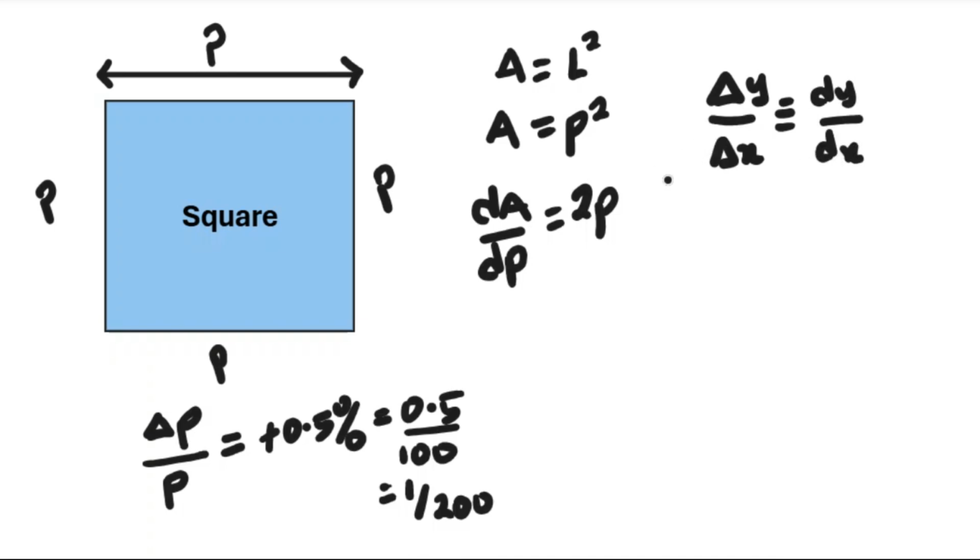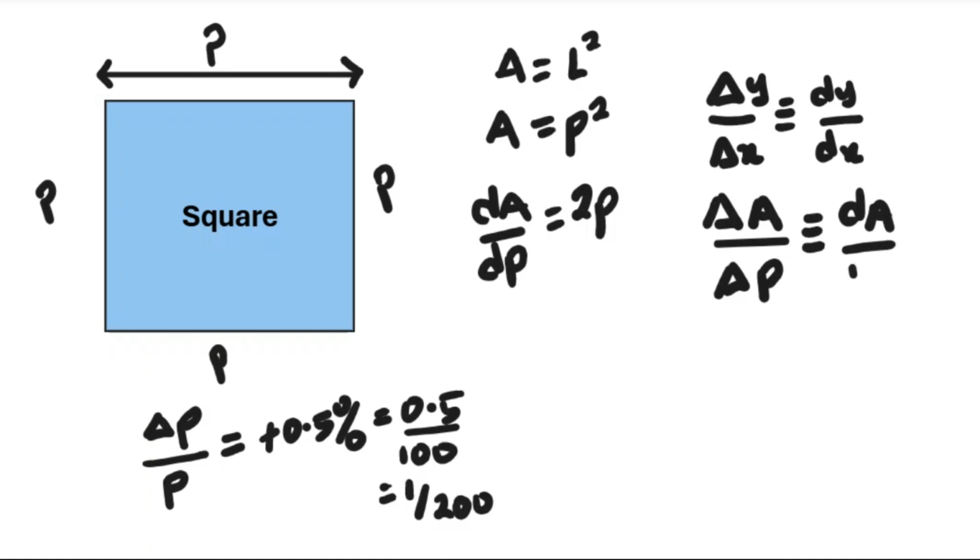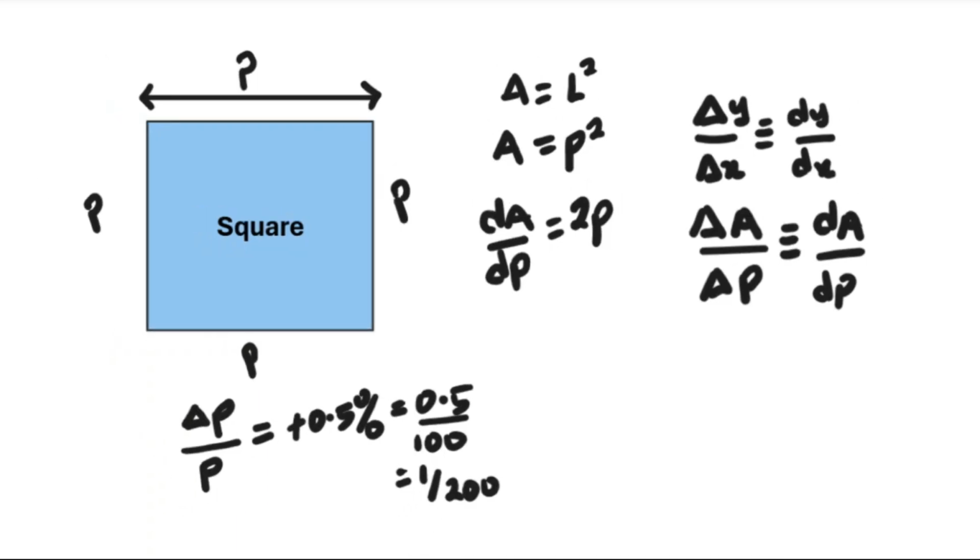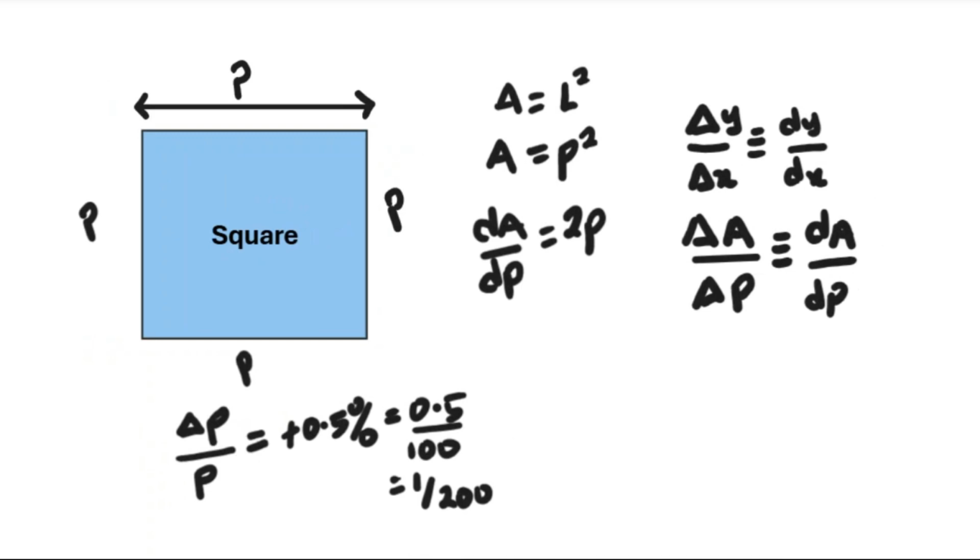So in this case, using A and P, delta A over delta P will be approximately equal to dA/dP. So this is where we're actually going to start our calculation from. Now you are going to understand better what we are doing.